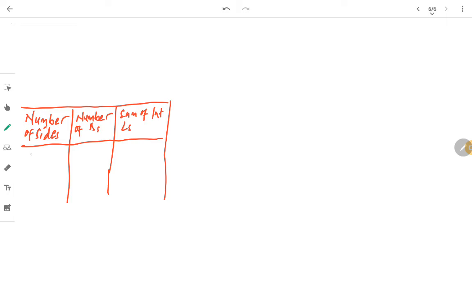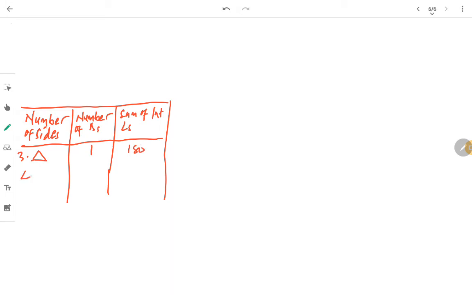So if you look, for example, at a triangle here, the number of sides is 3. If I'm drawing a triangle, you find out that it's only one triangle that I have. And the sum of interior angles of a triangle, we all know, is 180 degrees.